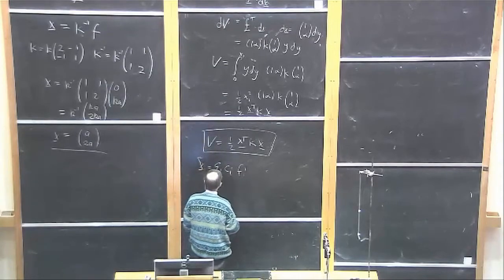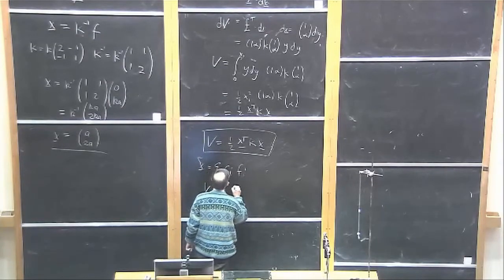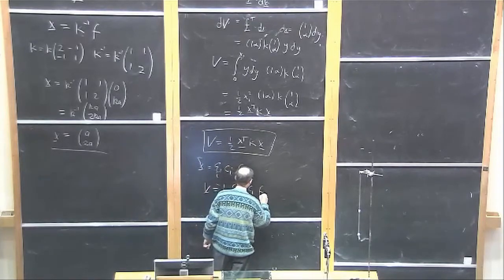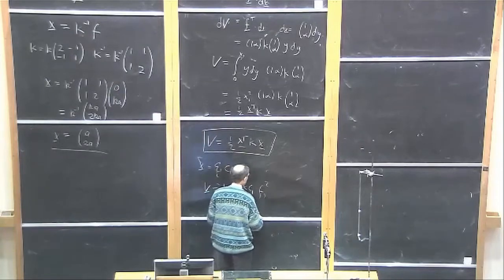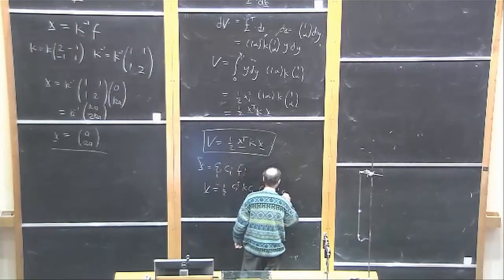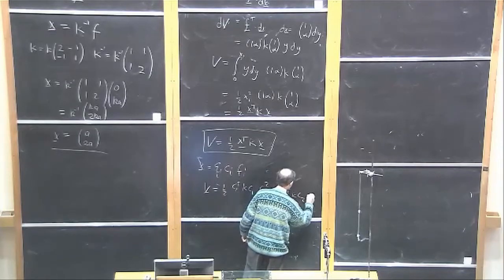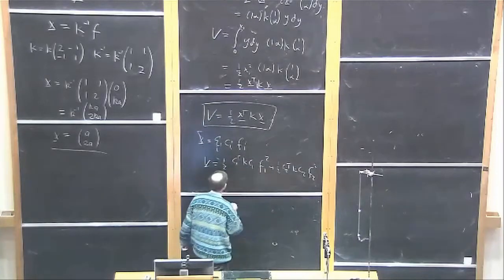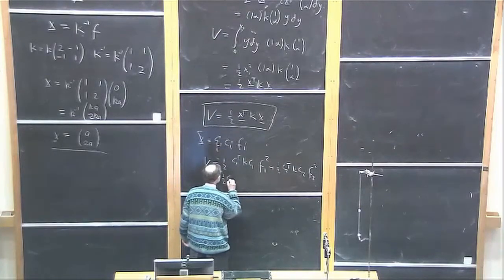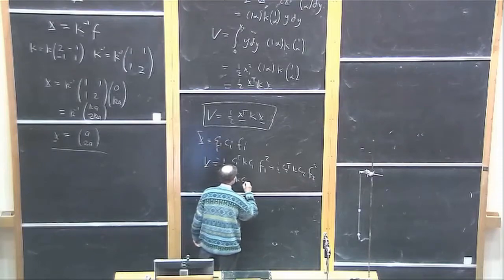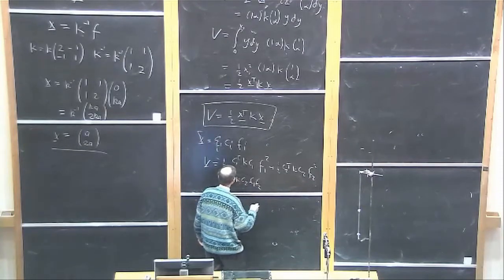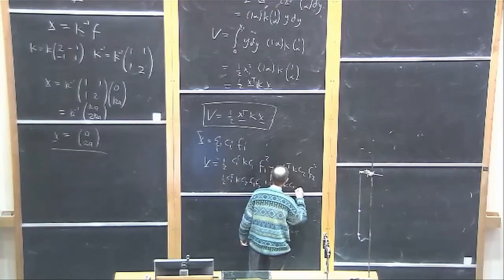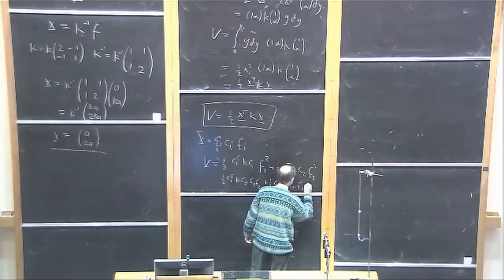V will contain terms like a half C1 transpose K C1 F1 squared, and similarly a half C2 transpose K C2 F2 squared, and it will contain cross terms like a half C1 transpose K C2 F1 F2 and a half C2 transpose K C1 F1 F2 as well.